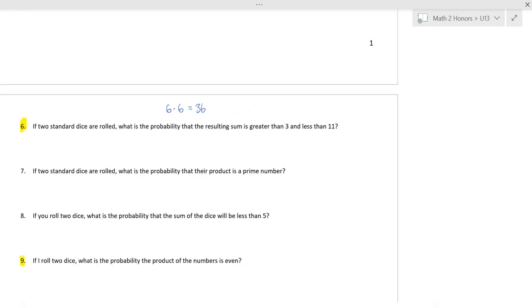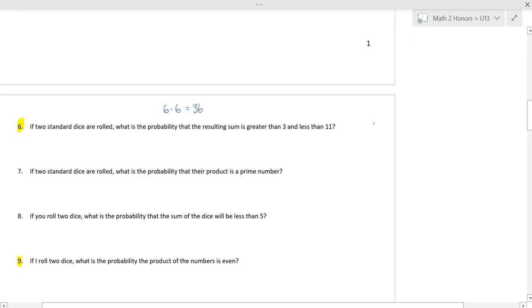A nice way to organize that is to create like an addition table, where you have the outcomes of 1 through 6 here, and 1 through 6 here, and then we're looking for a sum, so I'm going to make an addition table.